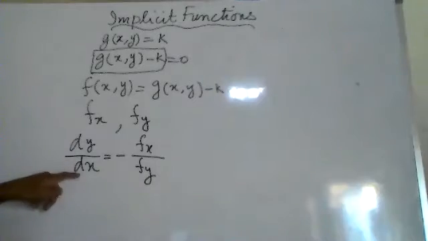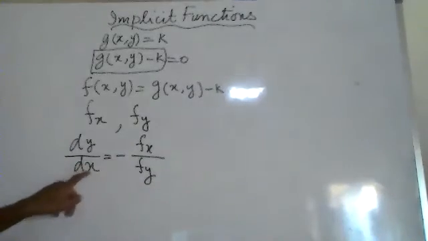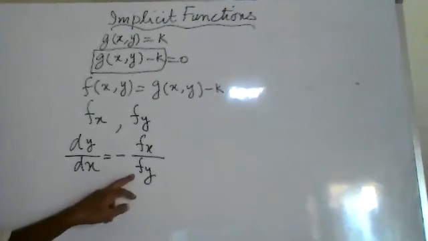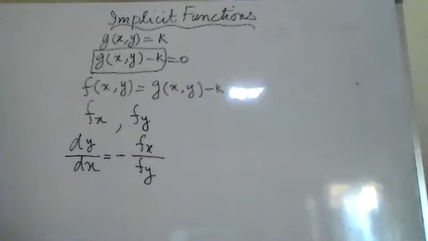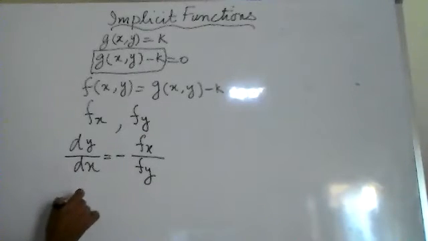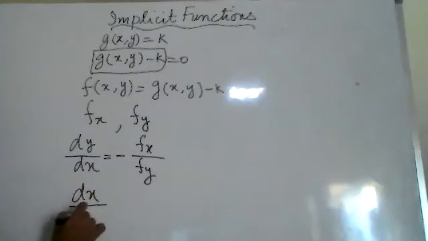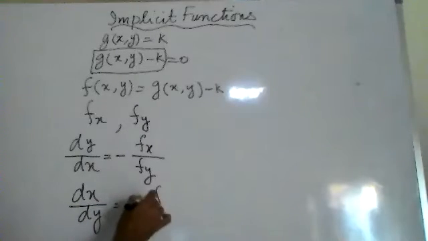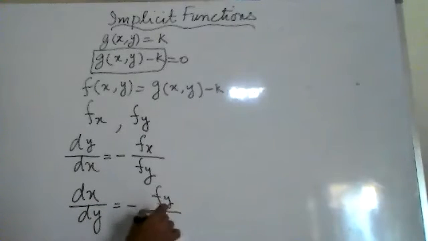Dy upon dx will become minus f of x upon f of y. F of x means partial derivative of f with respect to x, and f of y partial derivative of f with respect to y. And if we want to find dx upon dy, it will become minus f of y upon f of x.